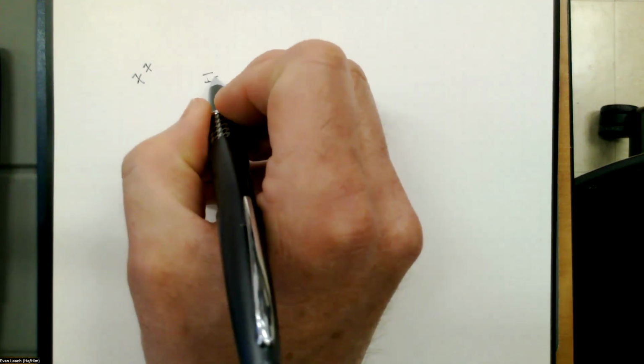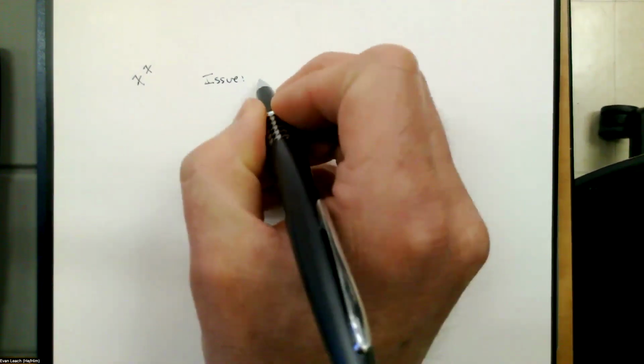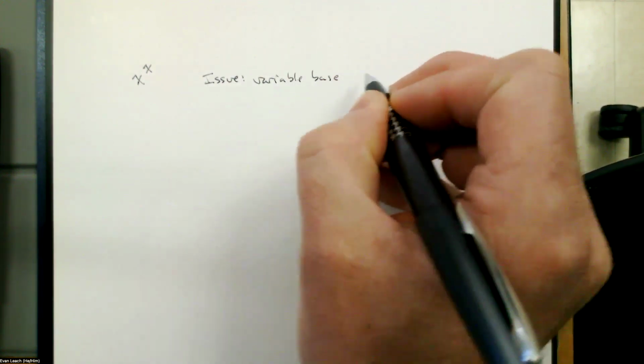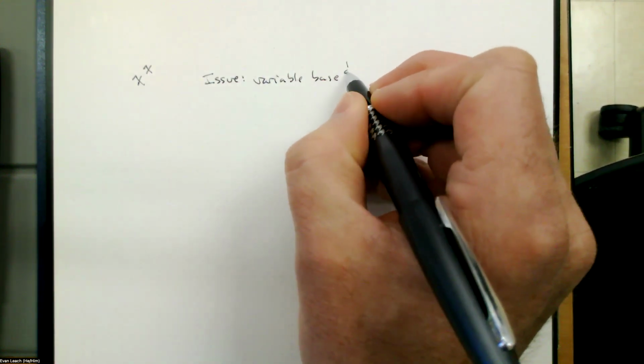The issue is I have variable base and variable exponent. First of all, we have to identify what the problem with the problem is: a variable base and a variable exponent.